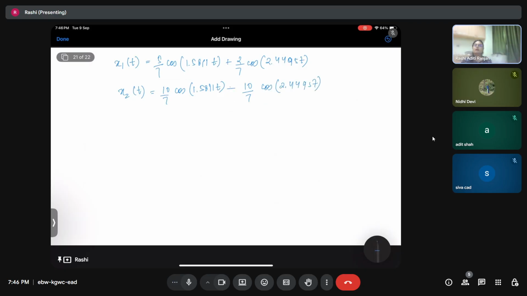This is going to be the general solution of the system for the given initial condition.